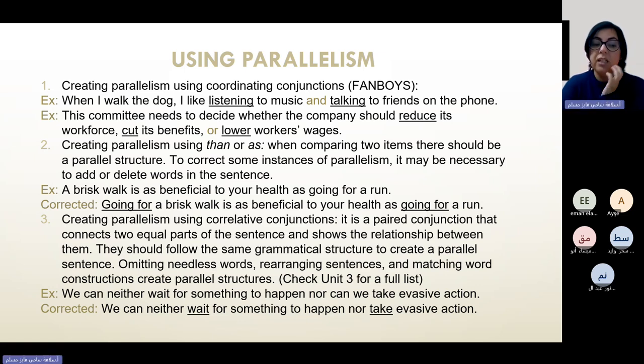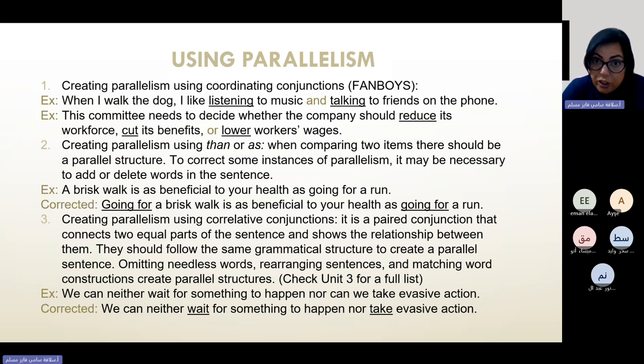Yalla Eman, read this example. We can neither wait for something to happen nor can we take evasive action. Correct: we can neither wait for something to happen nor take evasive action. Okay. Nor can we take, this is different from we can neither.